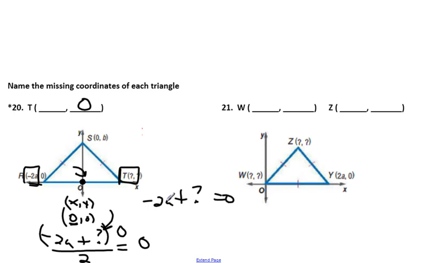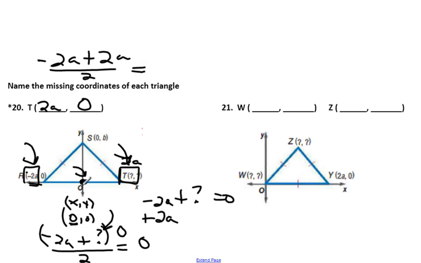The only thing you can add to a negative 2a to get 0 is a positive 2a. So this x value is 2a. If we check our math here, remember this is our midpoint of our x values. So negative 2a plus 2a divided by 2 should equal 0. So this is 0 divided by 2, which should equal 0, and it does.